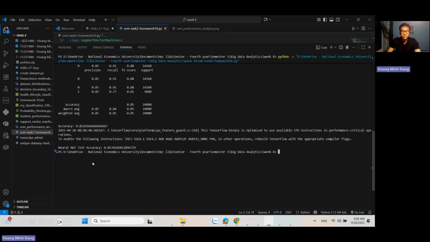Just below it, we also see the neural network accuracy of 0.8534, confirming my earlier point that the supervised machine was just slightly below the neural network.